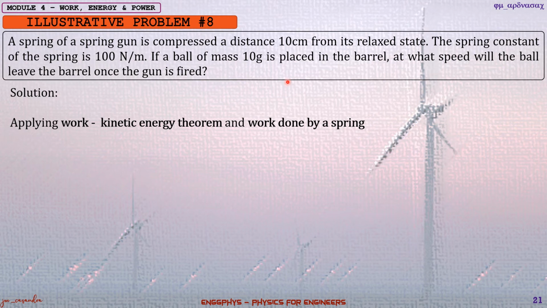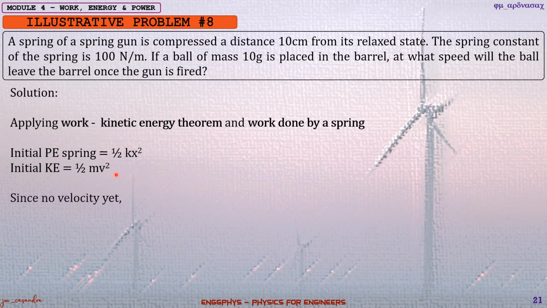Since we're talking about the work-kinetic energy theorem, we'll have initial and final values. So we start first with our initial values. The initial spring energy is equal to 1/2 kx squared, since it was initially compressed. For our initial KE, we have 1/2 mv squared.